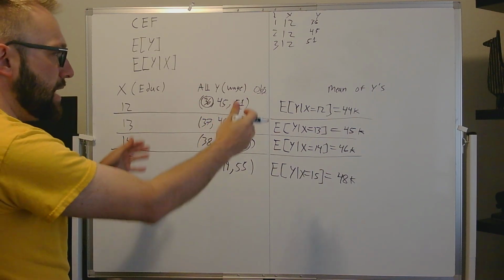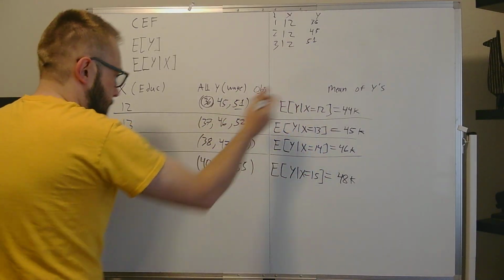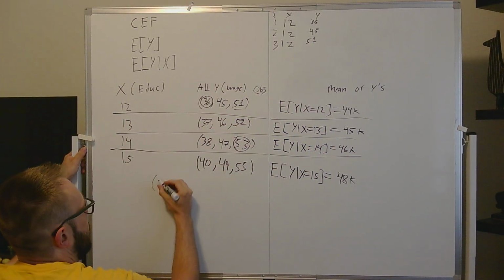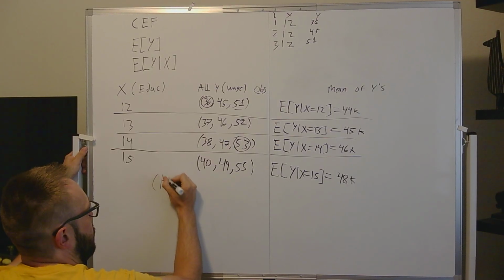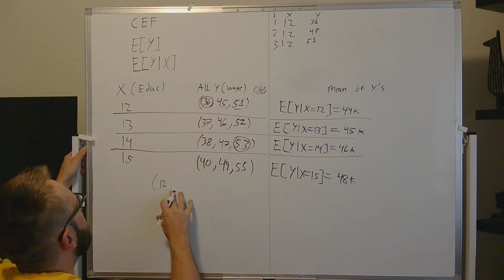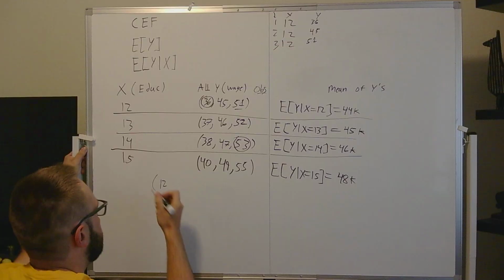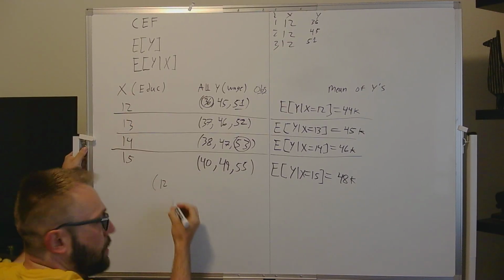And so if we were to lay these out then, again, this kind of gives us a way to calculate it. Just to put it in other terms, the X values are essentially fixed. So we're saying that, okay, there's 12 years of education.